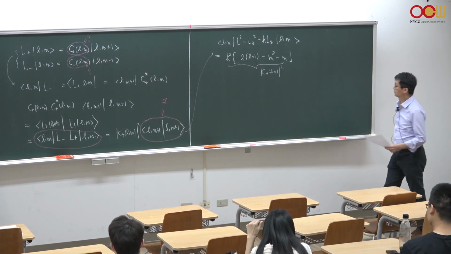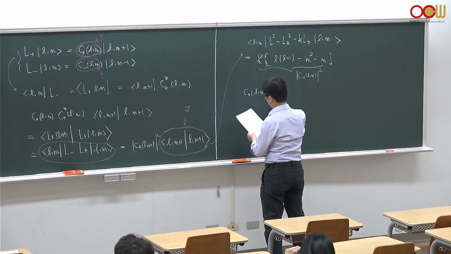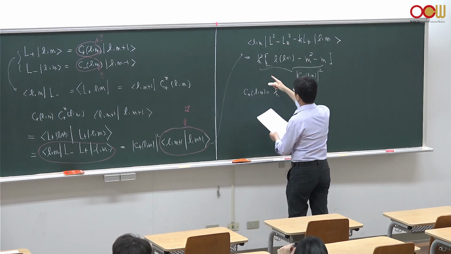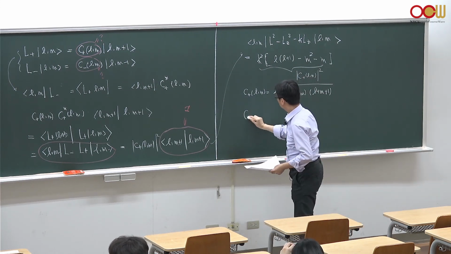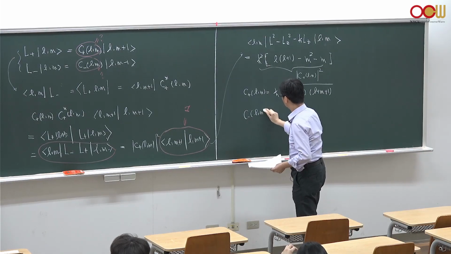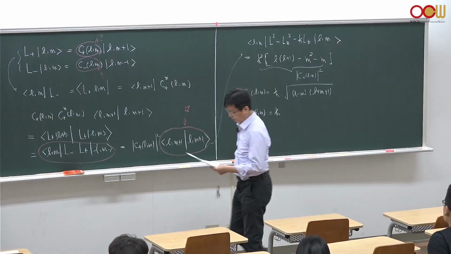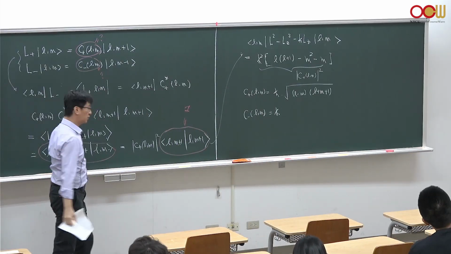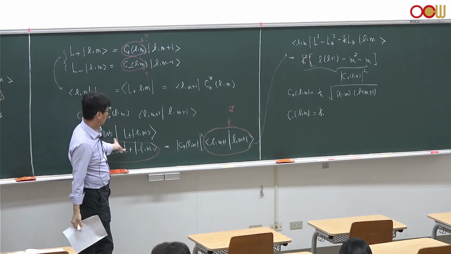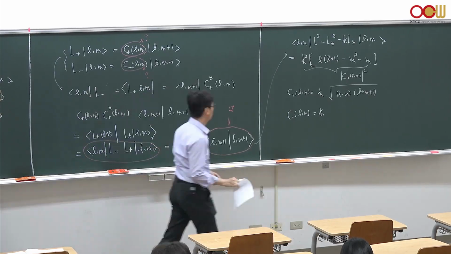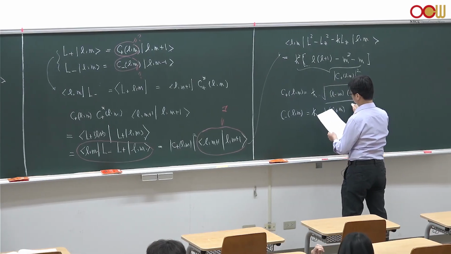So we're done. C plus is found as the square root of this bracket. And likewise, we can figure out the C minus coefficient in the same way, simply by reversing the order between L plus and L minus right here, so that we get the C minus square. C minus is this value.